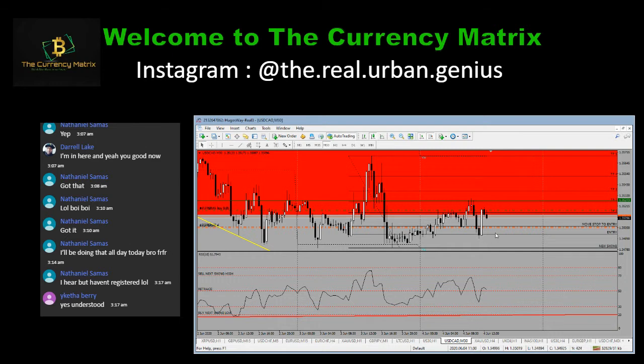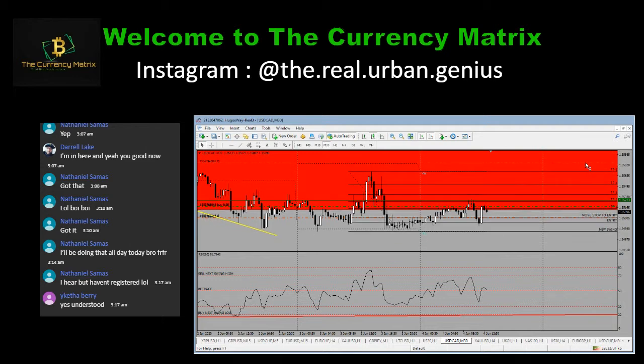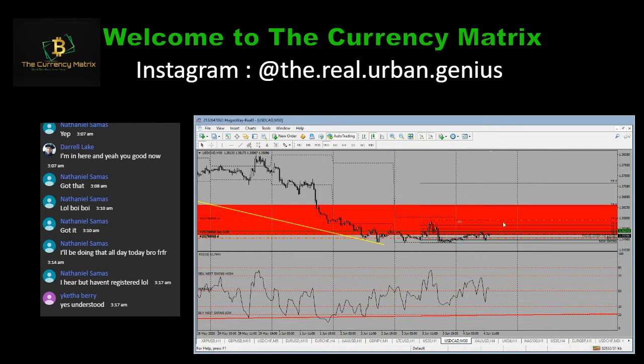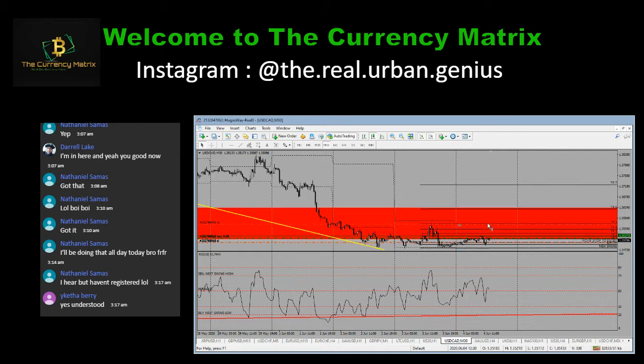Entry was down here. But as you see, another entry is TP1. And again, we're taking it to TP5 for our 50 pips. Now, TP6 is also a prime target.